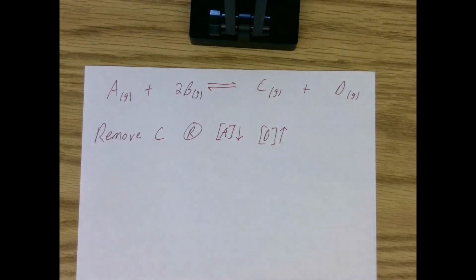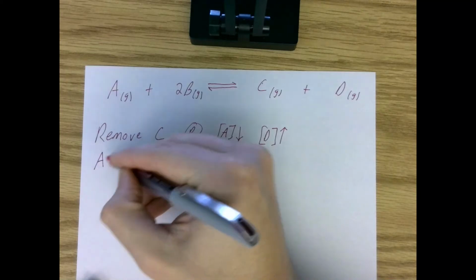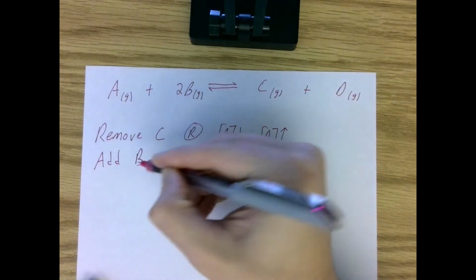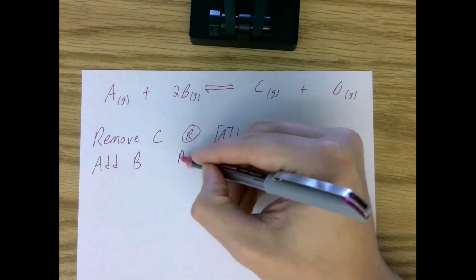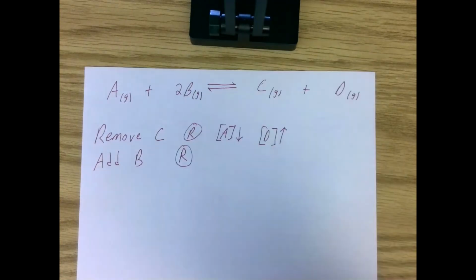Okay? Then I could say, what if I add B? If I add B, do I shift to the left or to the right? To the right as well. So I add B, the reaction wants to compensate by using up that B. So to use up that B, it goes to the right.